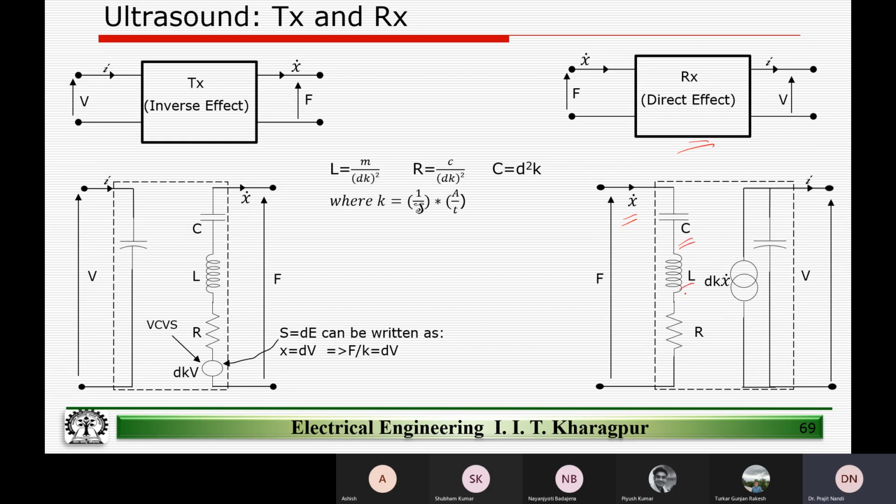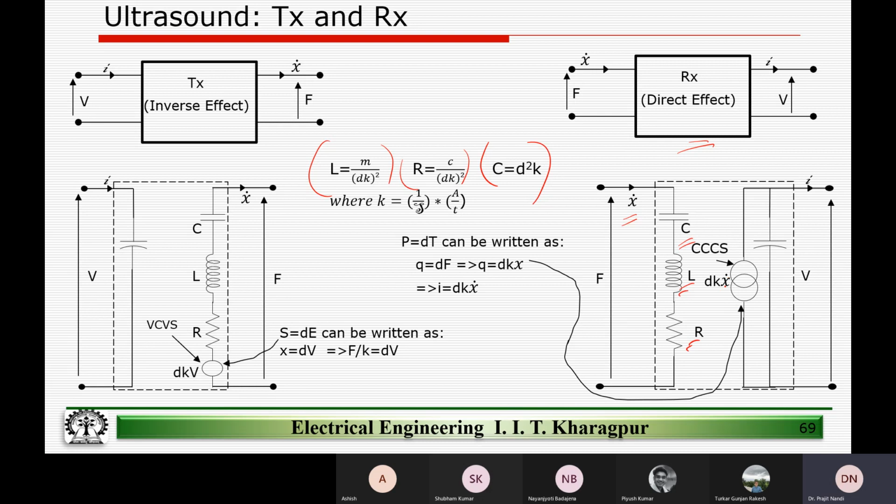You should be very aware of this now, which we derived in the earlier class also. Based on the displacement or the force across the input terminal, this is nothing but a current controlled current source.